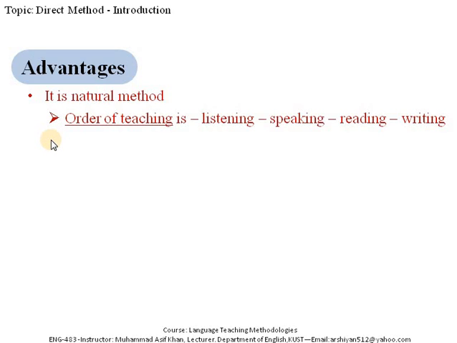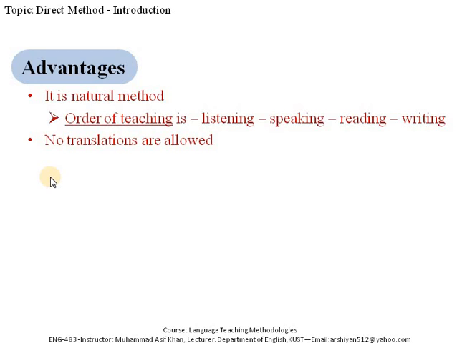So that is the advantage of this method, that when we are learning the second language and we use the direct method, we are actually following the order that is used when we are learning our first language. For that reason, no translations are allowed, and students are not forced to be translators of the language.